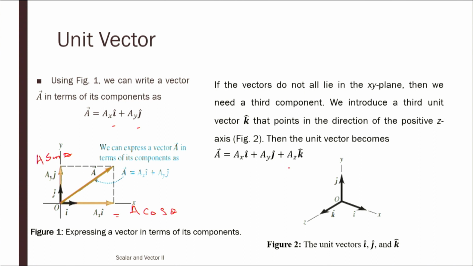And if we have the positive z-axis, we can as well have our k unit vector attached to our component along z. So we have i along the x-axis, j along the y-axis, and k along the z-axis.